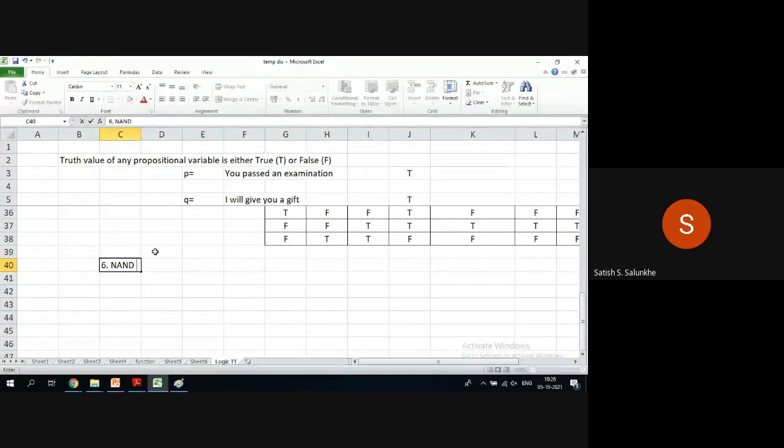Can anybody tell me what is NAND operation?